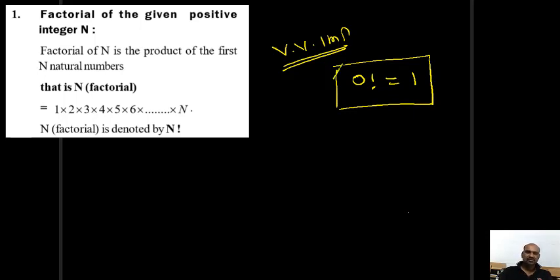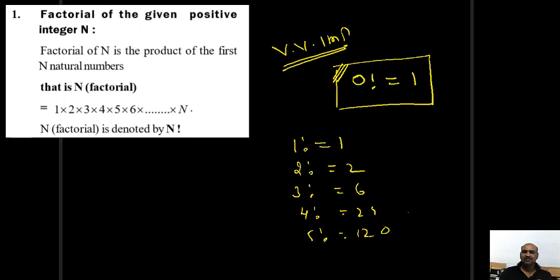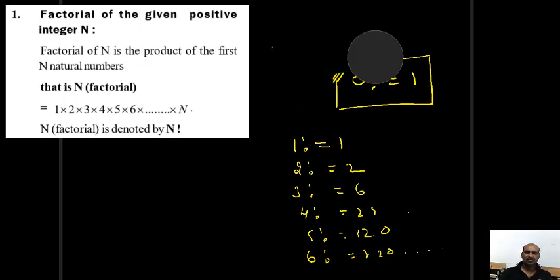So finally, 1 factorial means 1, 2 factorial is 1 into 2, that is 2, 3 factorial is 1 into 2 into 3, that is 6, 4 factorial means 24, 5 factorial means 120, 6 factorial means 720, and so on. So this is the concept of factorial notation.